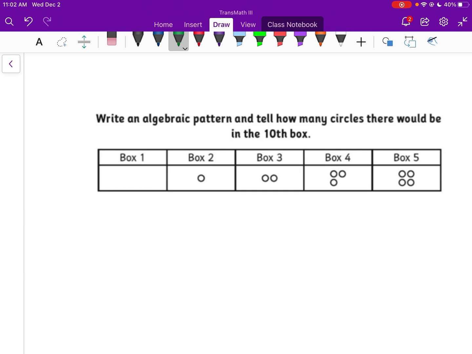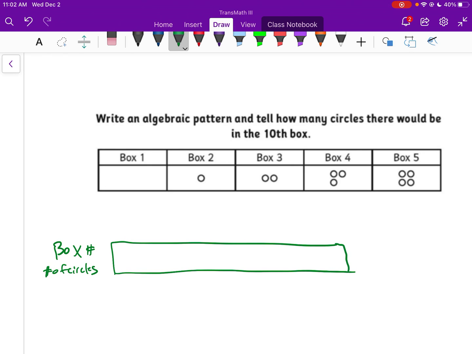So like in box 1, if we made a table, we're talking box number and number of circles. So when we do this, we're going to break it up. And we got box number 1, box number 2, box number 3, 4, and 5. And then we'll go through a number of circles.